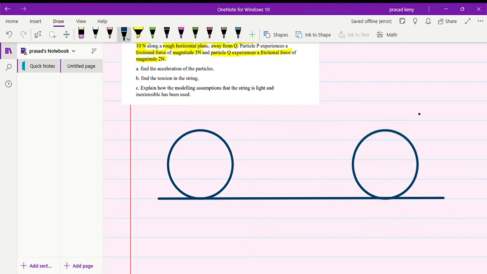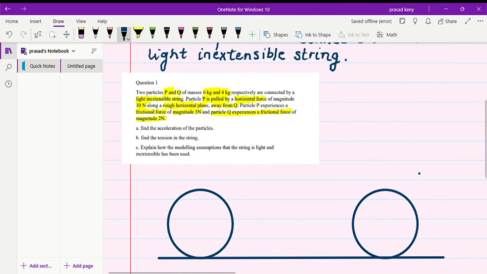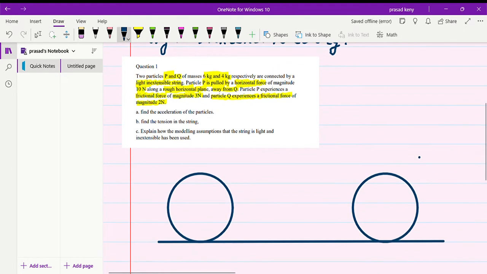One particle, say P, is of mass 6 kg. Other particle is Q, whose mass is 4 kg.